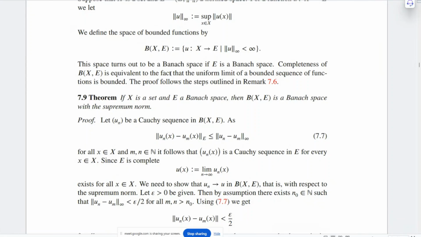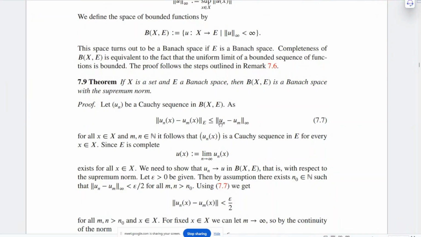The completeness of B(X,E) is equivalent to the fact that the uniform limit of a sequence of bounded functions is bounded. The proof follows the steps outlined in Remark 7.6, and therefore he is not giving the proof here. So if X is a set and E is a Banach space, then B(X,E) is a Banach space with the supremum norm.